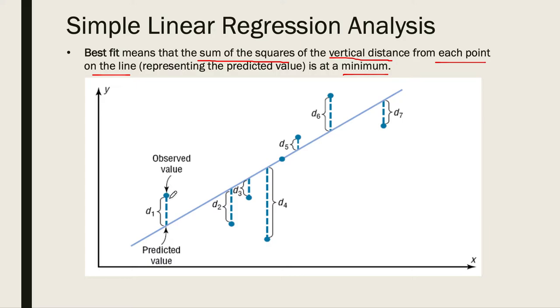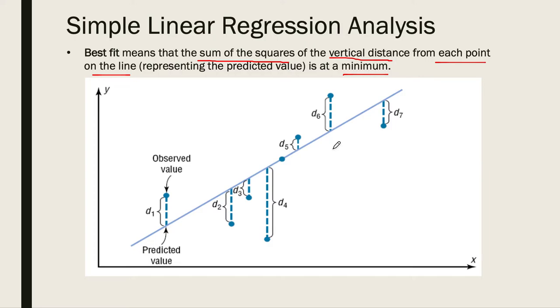This is our observed value, and this is our predicted value, and the predicted value is the line that best fits all of them. We have another point here. We can see that the sum of the squares of the vertical distance from each point to the line should be at the minimum. That's when you say that the line itself is the best fit.